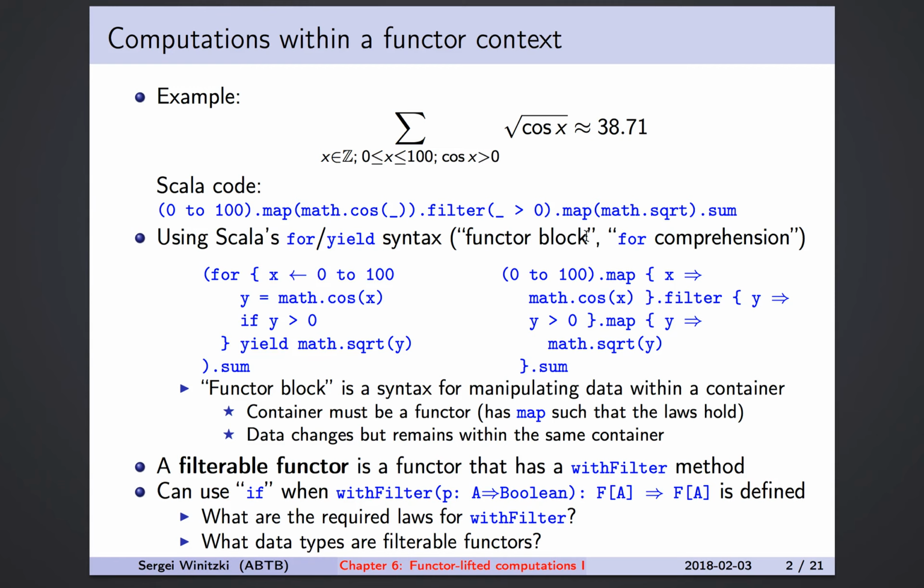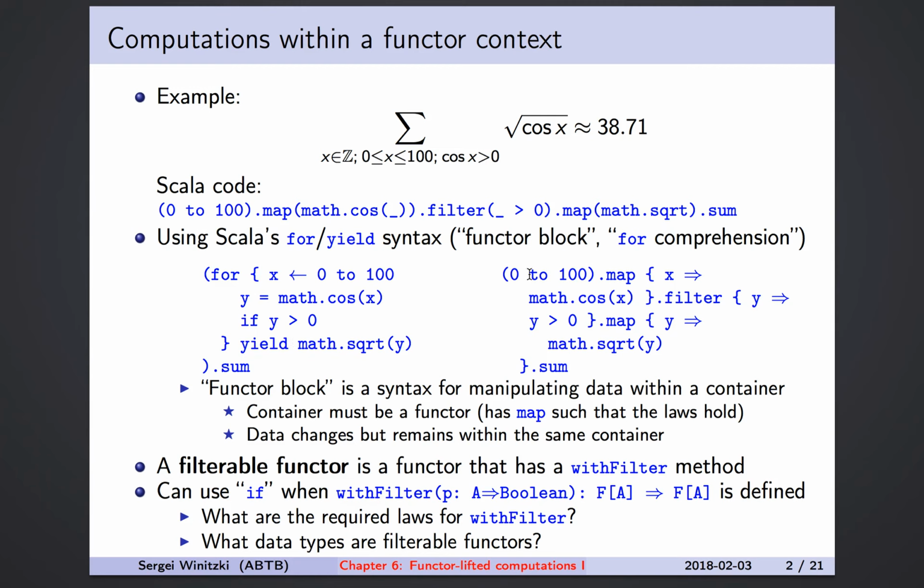I will call it a functor block, because it's a block of code for something, yield something, and it has to be handled as a single expression. So if I want to do anything with this expression, I have to put it in parentheses, like this. So it's a block that is an expression. It yields a value. So how does it work?